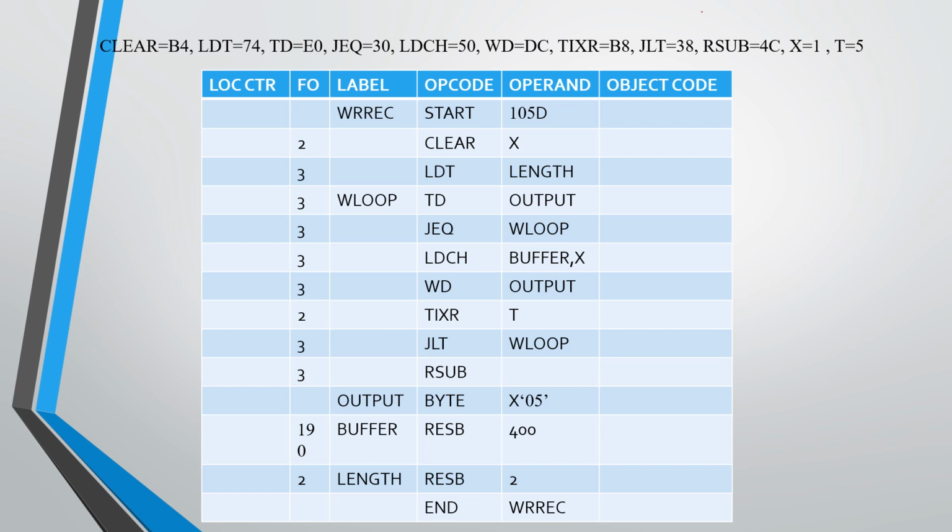And the starting address of the location counter is 105D. We'll write it, 105D. We'll add 2 to it. The calculator must be in hexadecimal mode. So after adding 2, we'll get 105F.